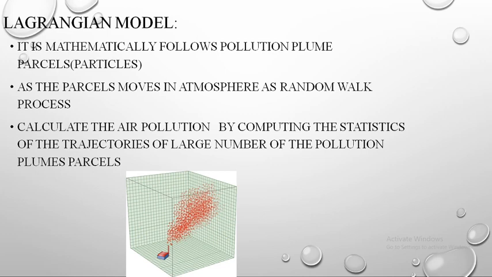Next one is the Lagrangian model. It mathematically follows pollution plume particles. The parcel moves in the atmosphere in a random fashion. It calculates the air pollution by computing the statistics of the trajectories of a large number of pollution plume particles.